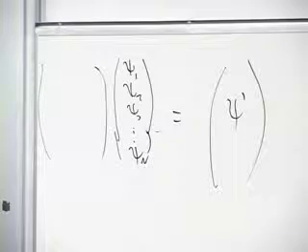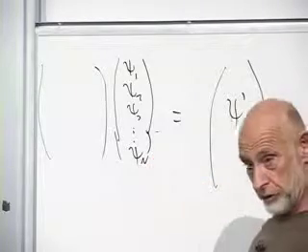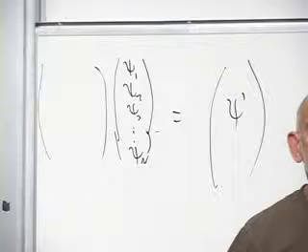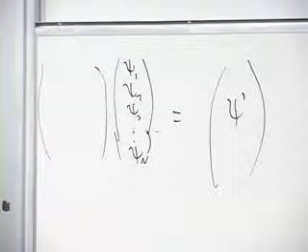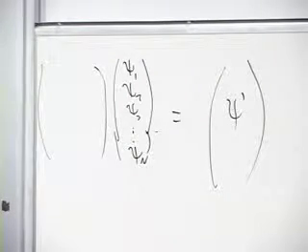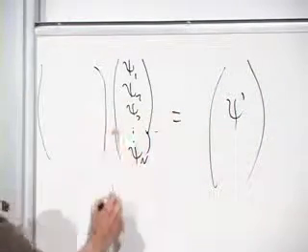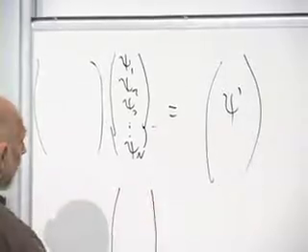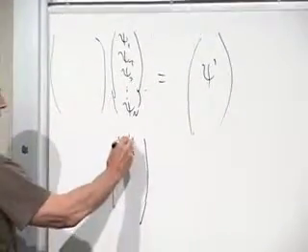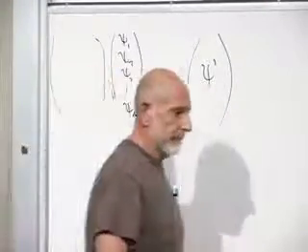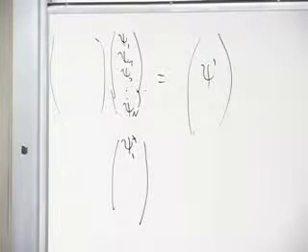And how many dimensional is it? It's n-dimensional. Okay. Now, the first and simplest thing that you can do to the defining representation of SUN is to take its complex conjugate. In other words, take the collection of entries, psi 1 star. Let's see, first of all, let's give these things names.